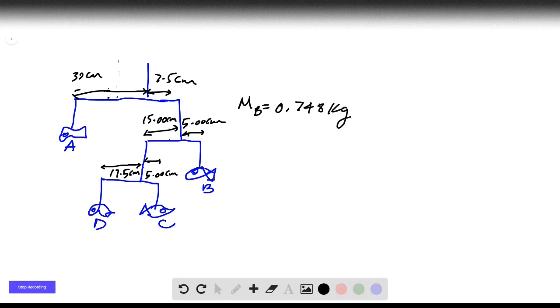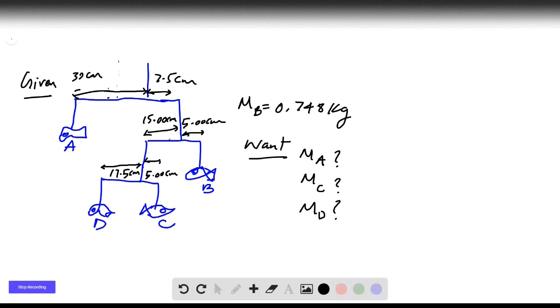So the goal of this problem, this is the information we're given, and then we want to find the mass of A. The mass of B we're given, so we also need to find the mass of C and the mass of D. The system is in equilibrium, so we're going to use that to our advantage to determine the masses.